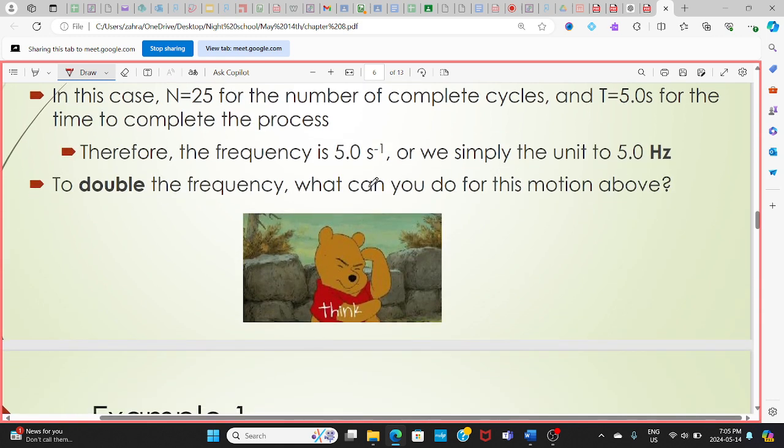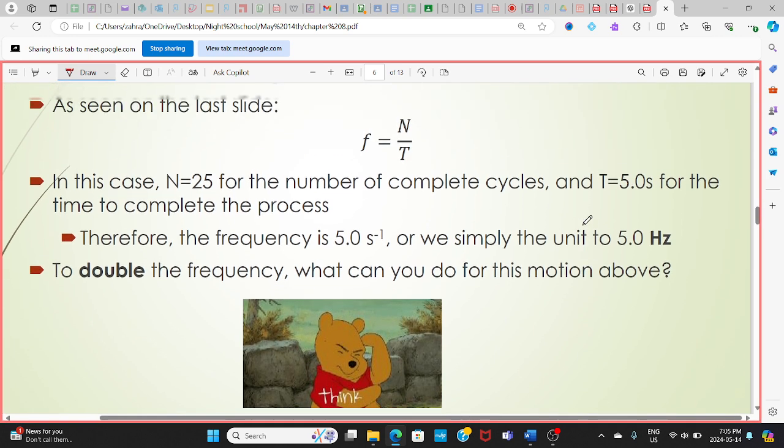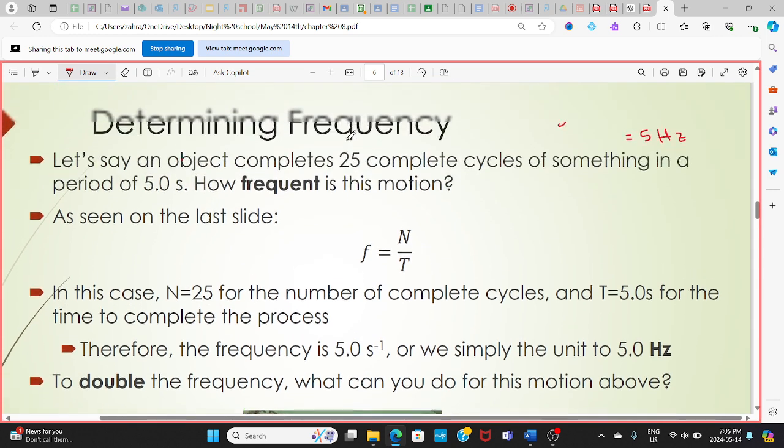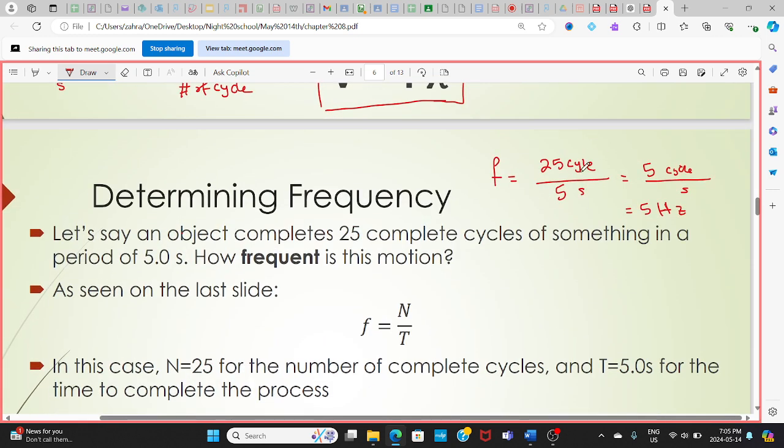Now, to double the frequency, what can you do for this motion above? Okay, what motion above? I don't see it. If you want to double the frequency, what do you do? I just want to go here. If anyone can tell me, if you want to double the frequency here, what would you change?